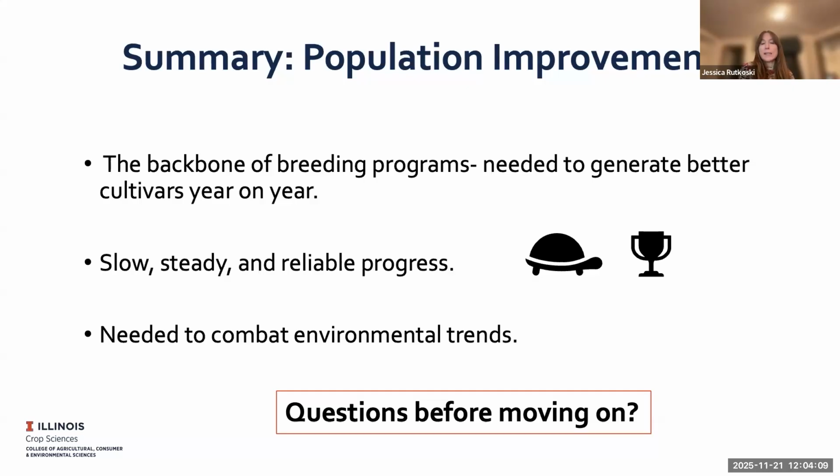All you have is that quantitative resistance, so population improvement is the way to go. For many quantitative traits, there are some major QTLs that maybe explain 20% of the variance.